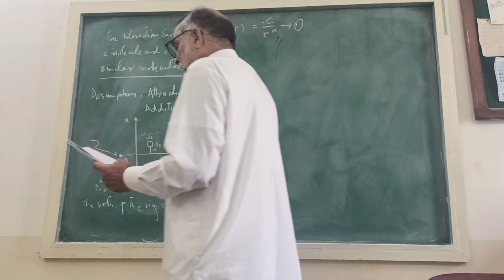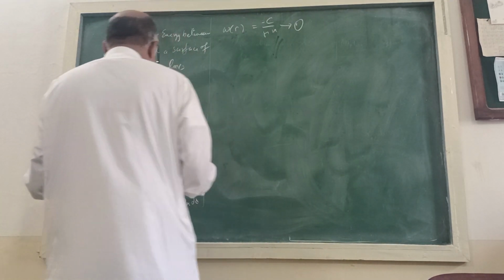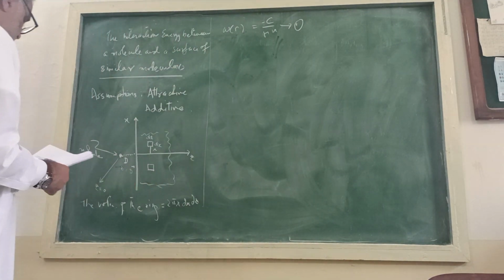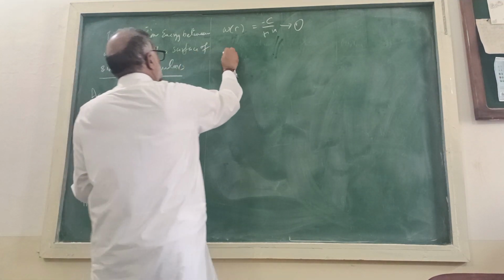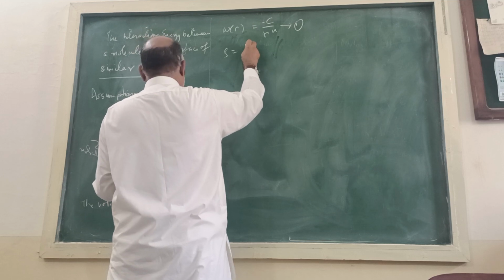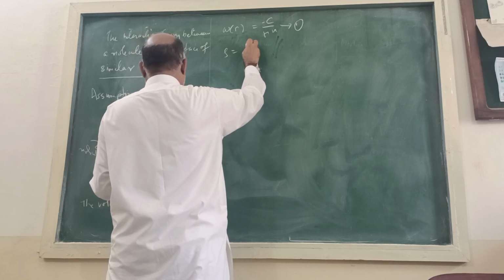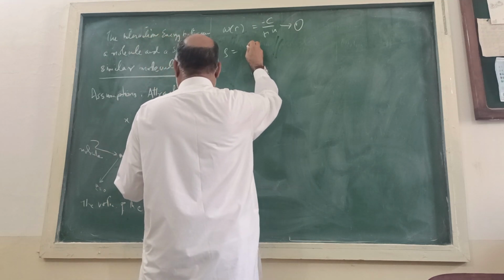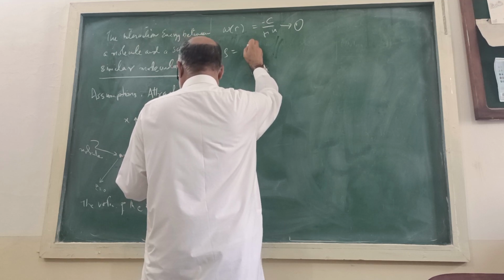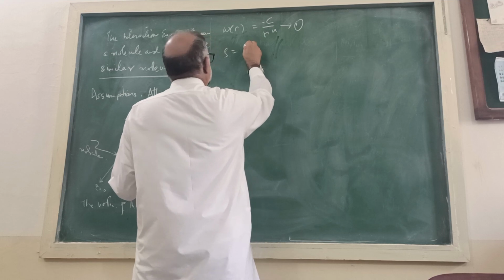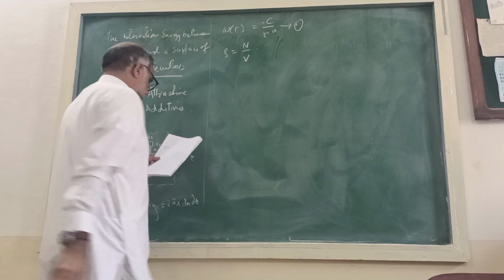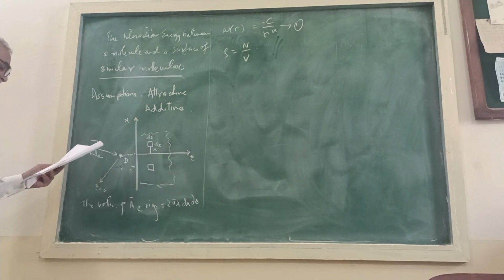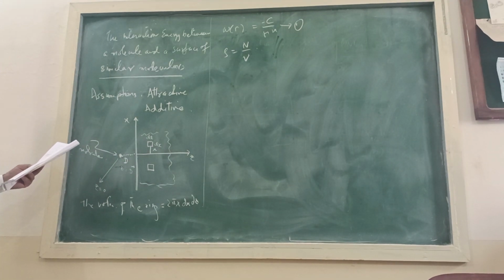Now the interaction energy, right? If I say rho is the number density, per unit volume, that is the number density.